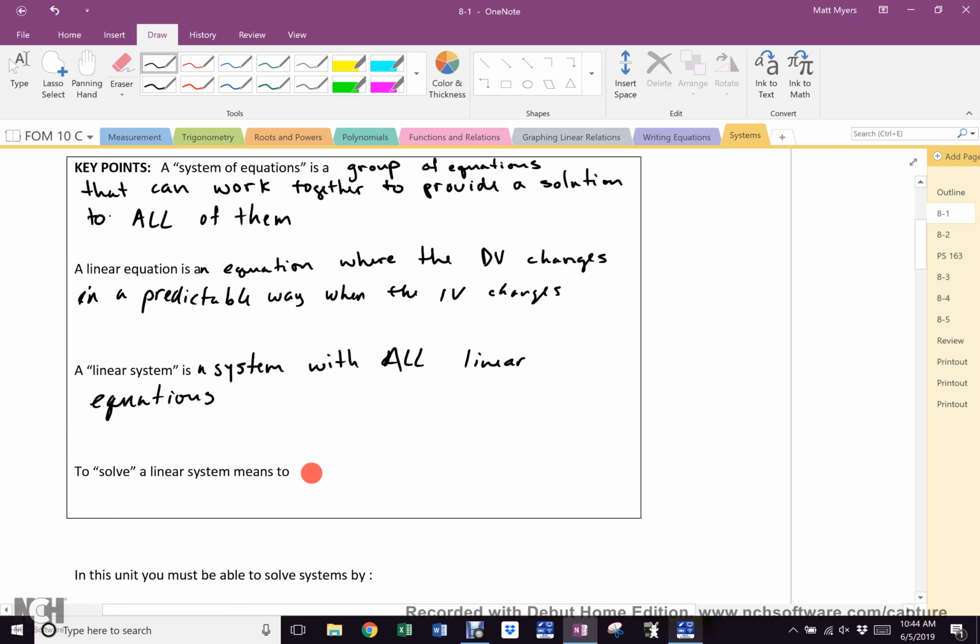So to solve a linear system means to find the IV and DV, if we've only got 2, that satisfy both equations. Oh, it should say all. Yes, thank you. For all equations.